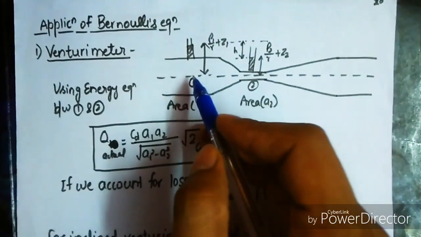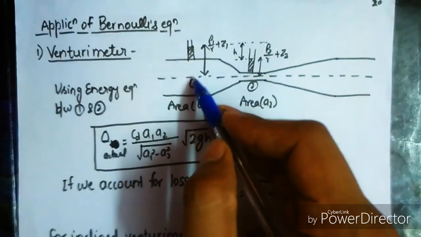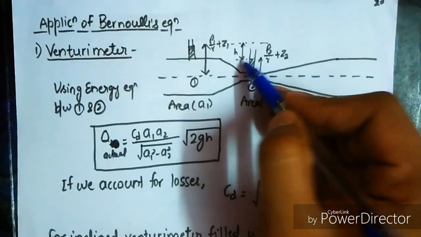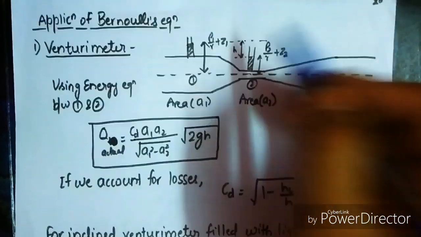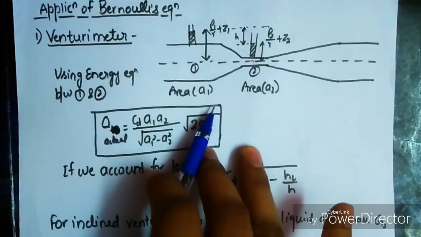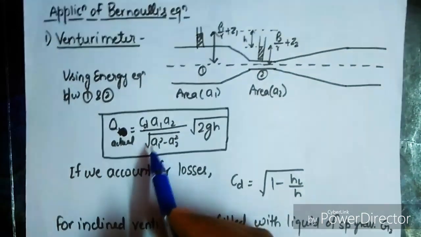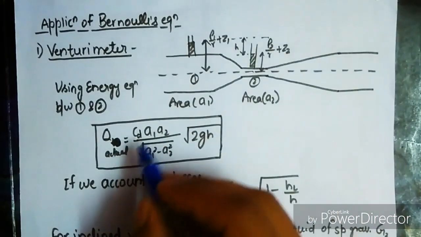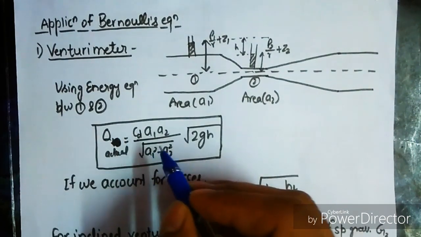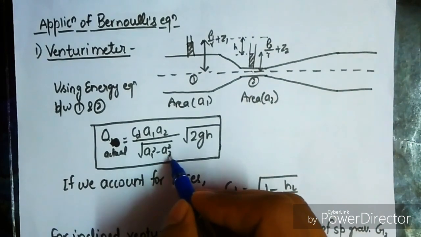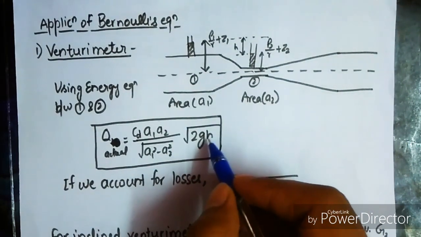We find out the difference of pressure between these 2 points, point 1 and point 2, and this is the variation in the head between these 2 points. Now if we have to determine Q, that is the discharge through this pipe, then we will apply this formula for the venturimeter: Q equals CD A1 A2 upon under root A1 square minus A2 square, times under root 2gH.